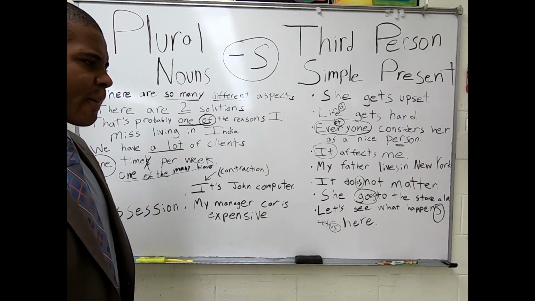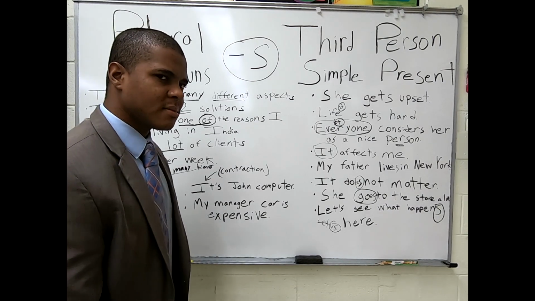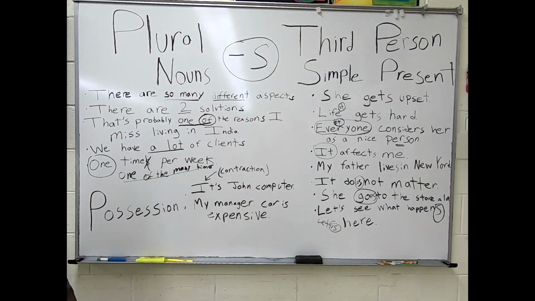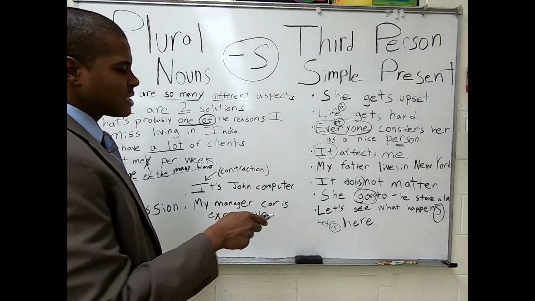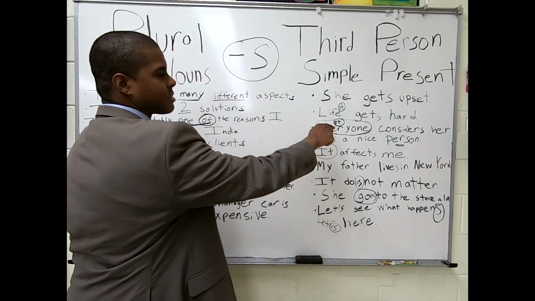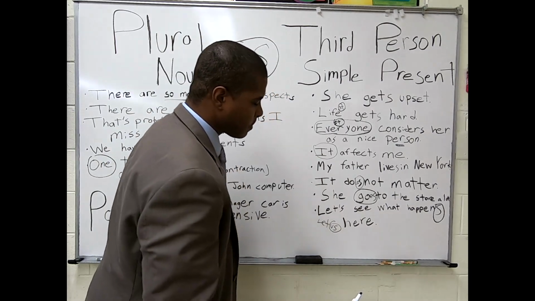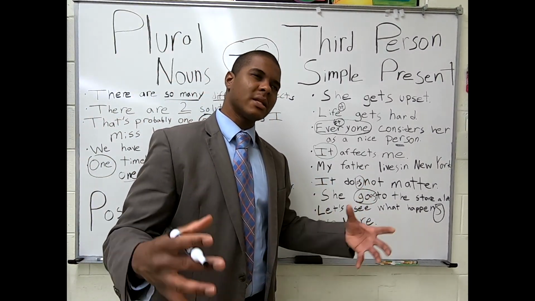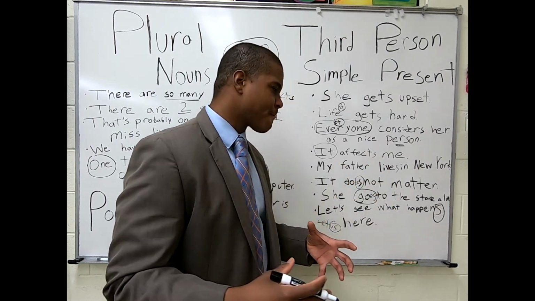Us, we. You may say, oh, it's the same thing. Not in this case. So in this case, we're going to apply the same rule here for us. The same rule that we use for everyone. We'll just say it's kind of like a collective noun.